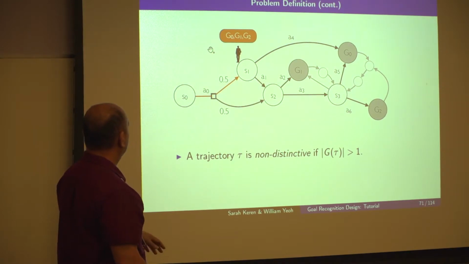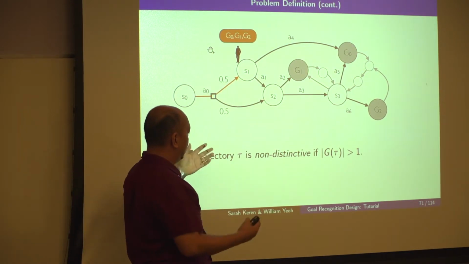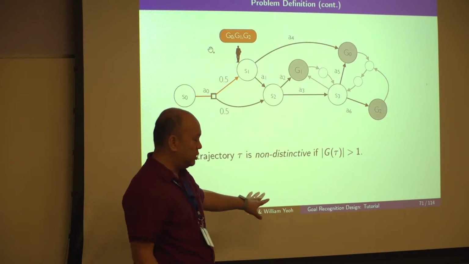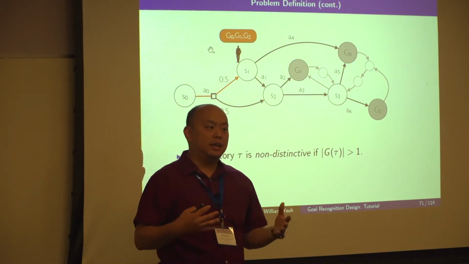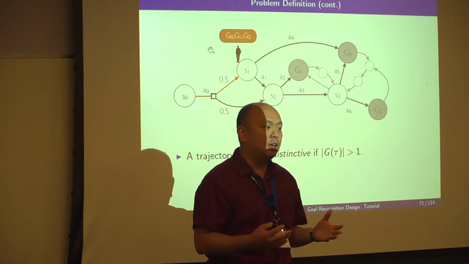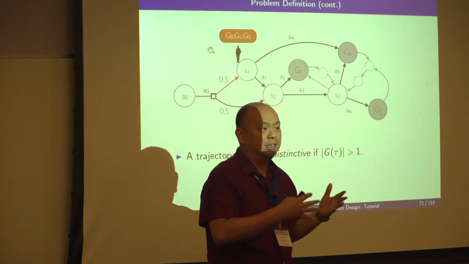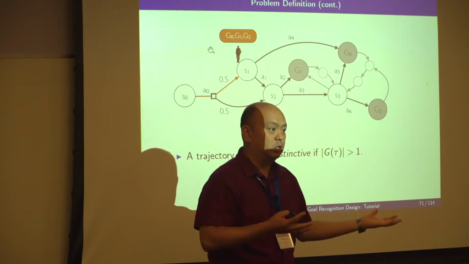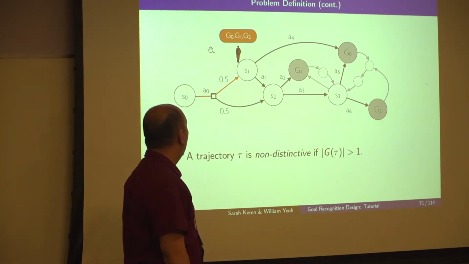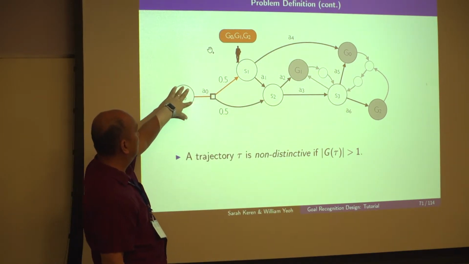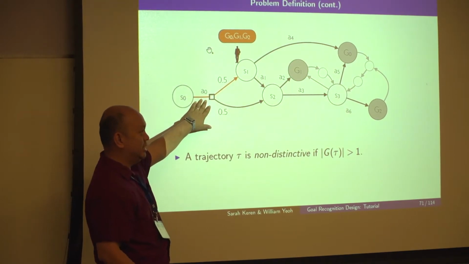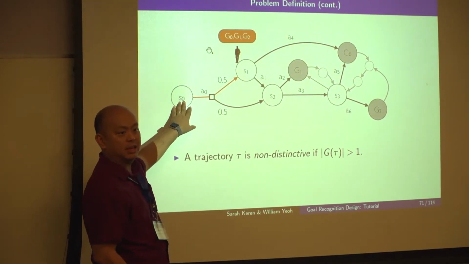Now, if you can observe trajectories, using the earlier definitions of non-distinctiveness, we say that a trajectory is non-distinctive if it is part of an optimal trajectory for multiple goals, because then I can't tell which goal you're trying to get to. For example, if you're at S0, A0 is the only action from this state.